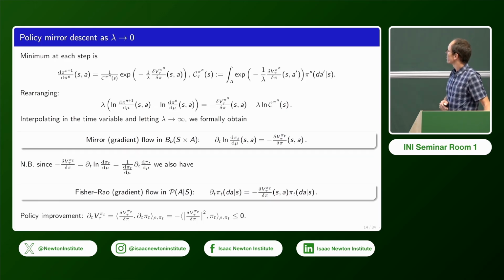So let us motivate this continuous time Fisher-Rao flow so that it doesn't come out of nowhere at you. If you remember the mirror descent update, it had the entropy term, and we know that if I have a linear function of measure plus an entropy term, I know the form of the optimizer.